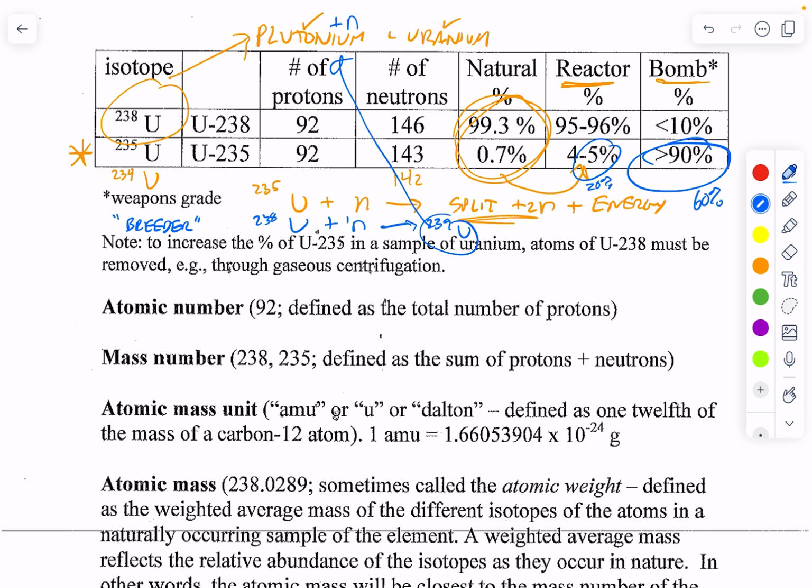And of course, I should mention the reason we need such a high percentage is because as soon as you blow up your uranium nuclear atomic bomb, all of the ingredients of that bomb are spread out all over the place, and you no longer have enough uranium in one place to sustain a chain reaction to keep the energy being produced like you do in a controlled reactor, where we can operate these reactors for years on end and generate electricity very, very constantly, except for periodic shutdowns to replace a few of the depleted fuel rods.